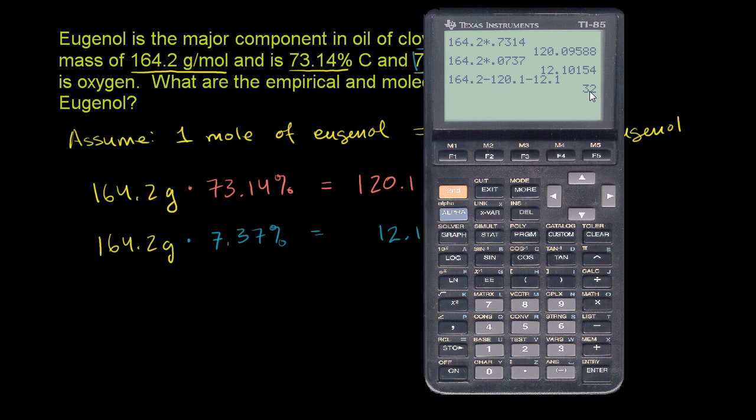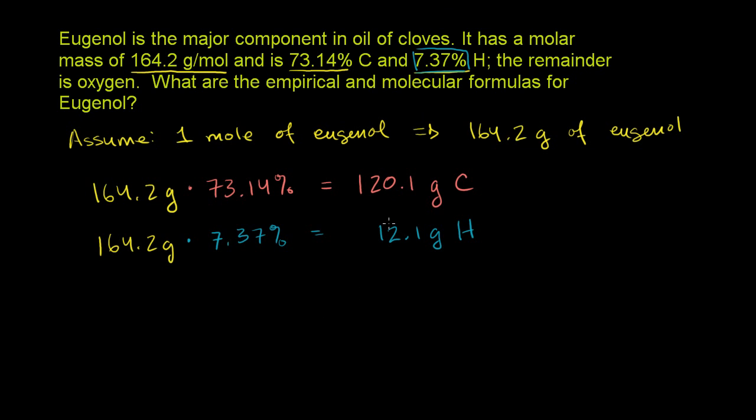So what's left over when you subtract these two out, we are left with 32 grams of oxygen. So if you have a mole of eugenol, it has a mass of 164.2 grams. And if you break it down by the masses of the constituents, it's 120 grams of carbon, 12 grams of hydrogen, 32 grams of oxygen.